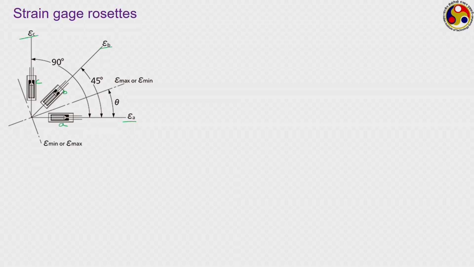Now, we have to combine them to identify the maximum or minimum strain acting in this situation. Let us assume that the maximum or minimum strain is acting in some theta direction. We have to identify the magnitude of this strain and also the magnitude of theta.